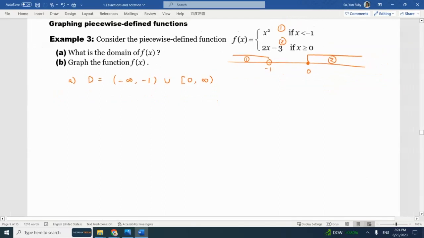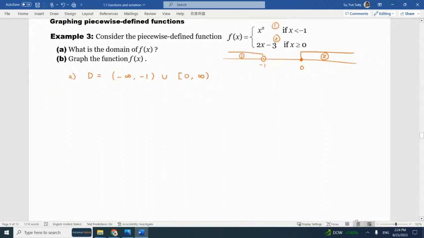Okay, now we graph the function. Draw a long line. This is the x-axis, this is the y-axis, and that's the 0. When x is less than or equal to -1, we're using the first formula.